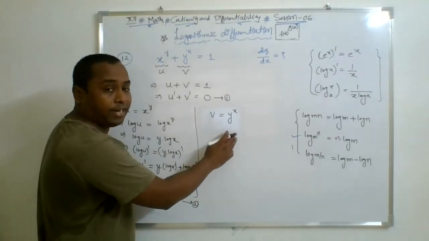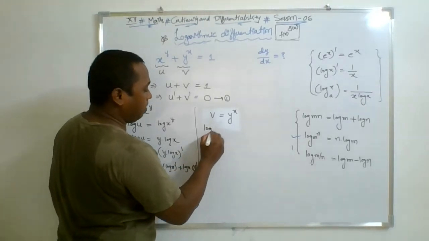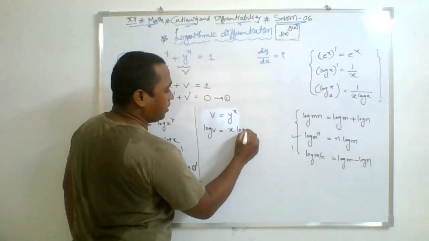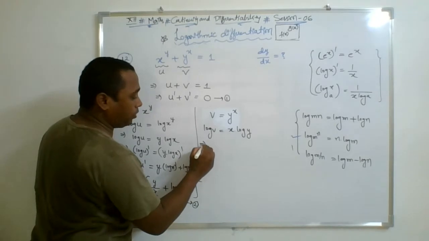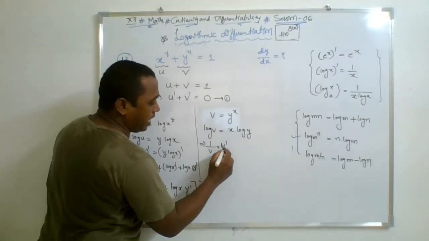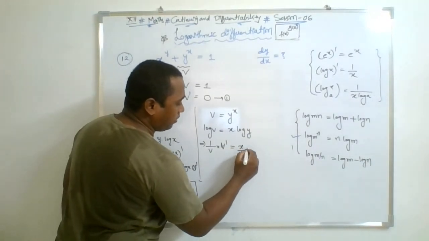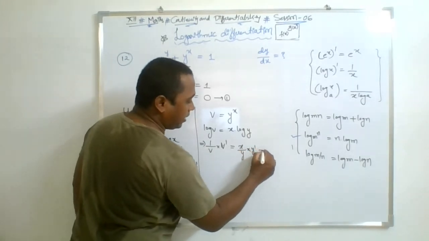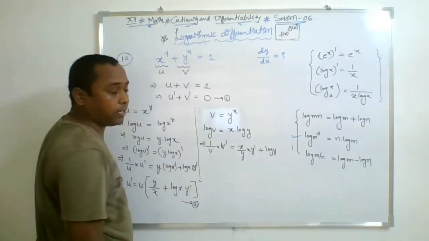Similarly, to get v dash, again we are applying log on both the sides. It becomes log v is equal to, I am directly writing x into log y after applying the property. If I take the derivative on both the sides, it becomes 1 by v into v dash equal to x by y, that is x into log y, derivative is x by y into y dash plus log y into derivative of x is 1.